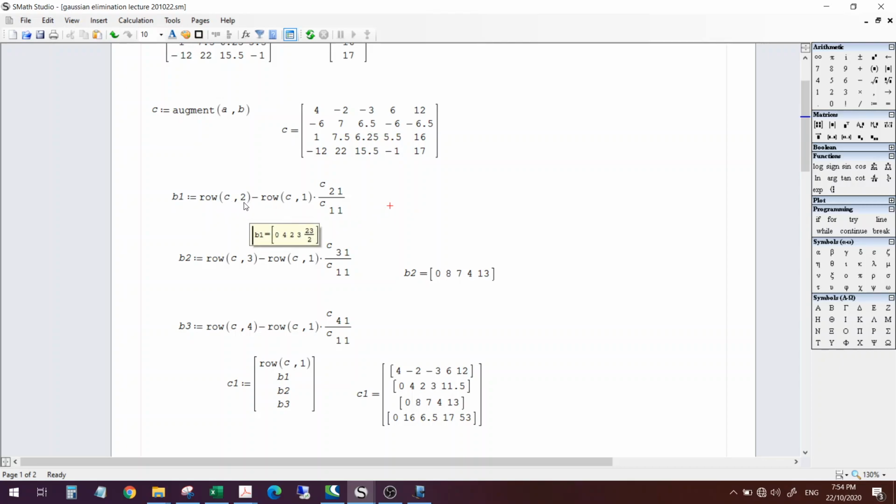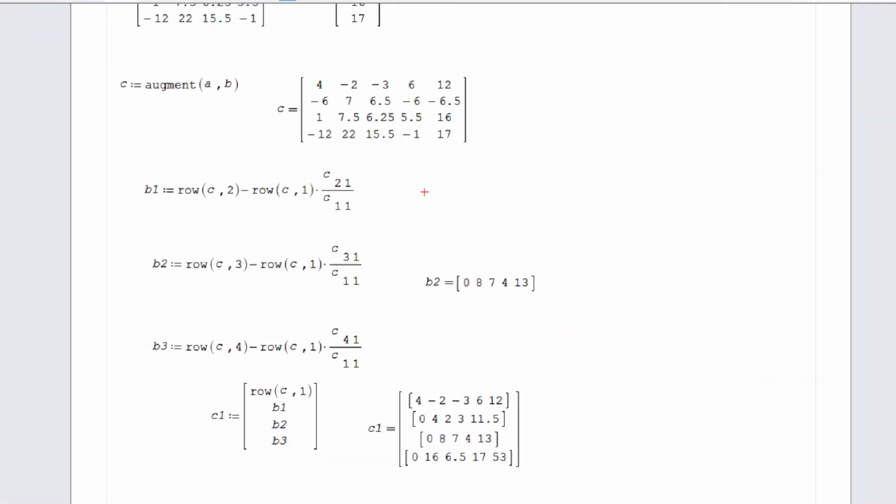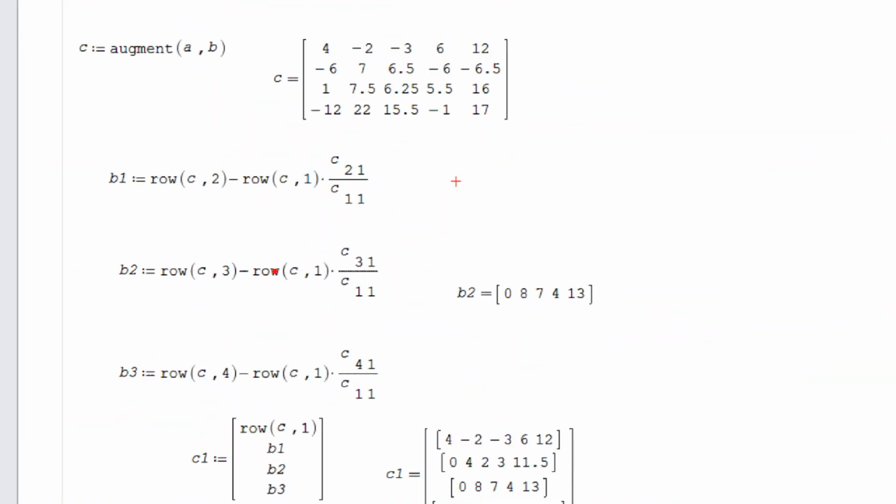Of course, we multiply that with the second row, which is -6, 7, 6.5. Okay, and I assign that new row as B1.